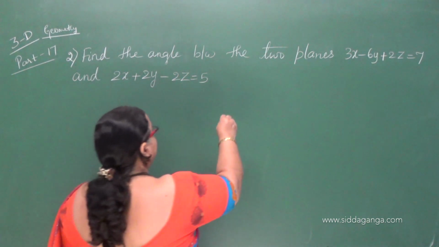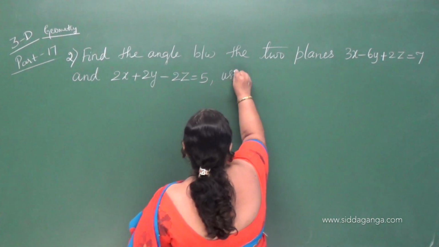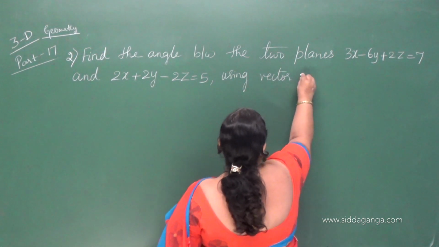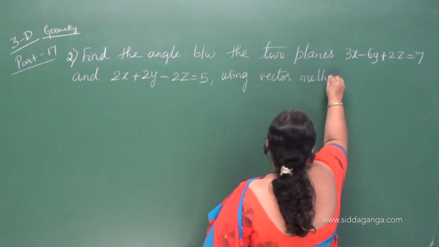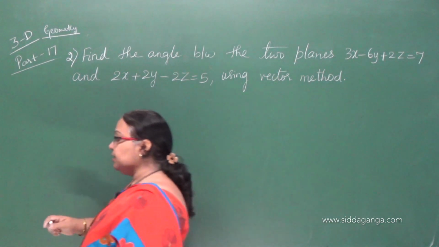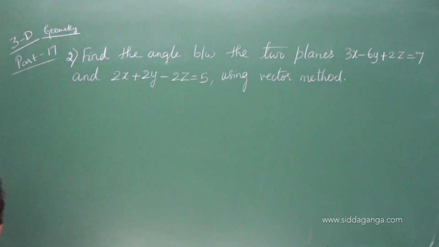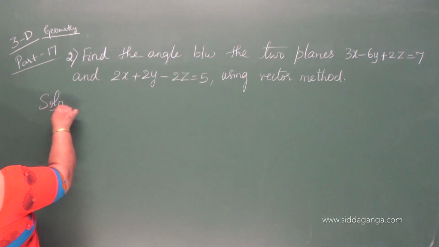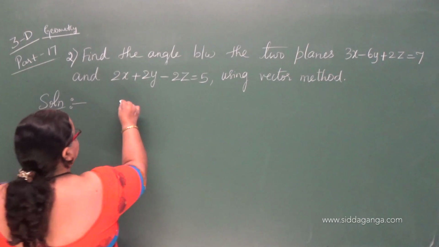So using the vector method we have to find the angle between the given two planes. Now here the given planes are in the Cartesian form.